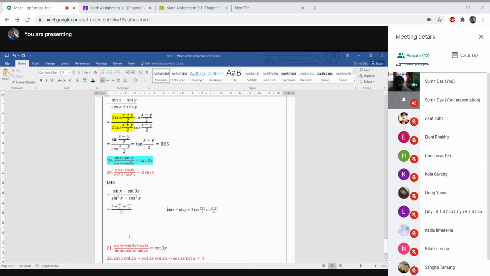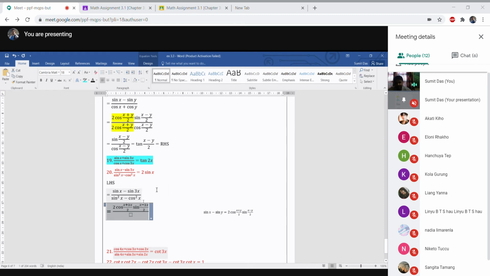Okay, next, for the denominator, what formula can we use? Any suggestion? Sin square x minus cos square x, what formula can we use? Let's see. Write down in the chat box what you think about which formula we can use.